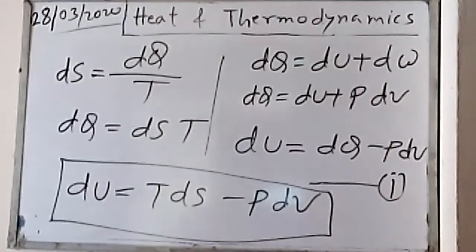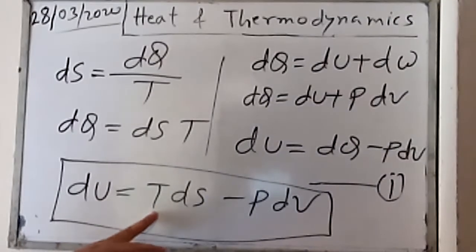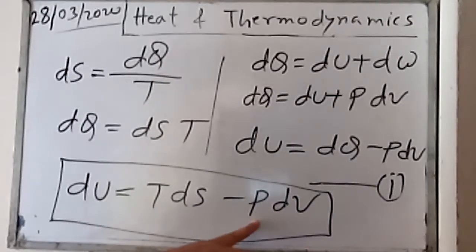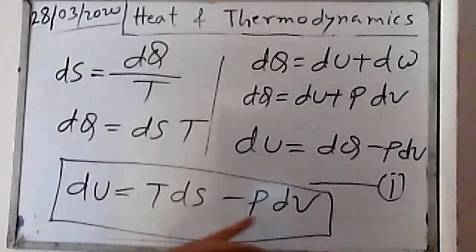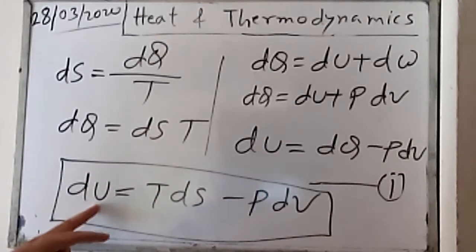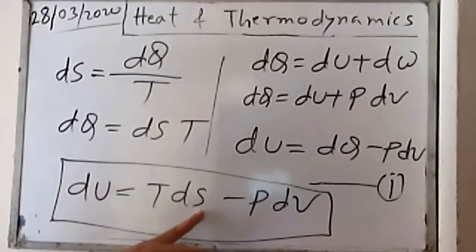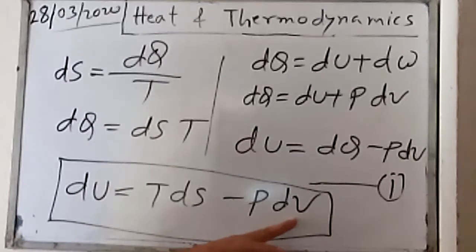This is a very important equation. du is the change in internal energy, T the temperature in Kelvin, ds the change in entropy, P the pressure, dV the change in volume. So we get 5 parameters from this equation: first U, second T, third S entropy, fourth P pressure, and fifth V volume.